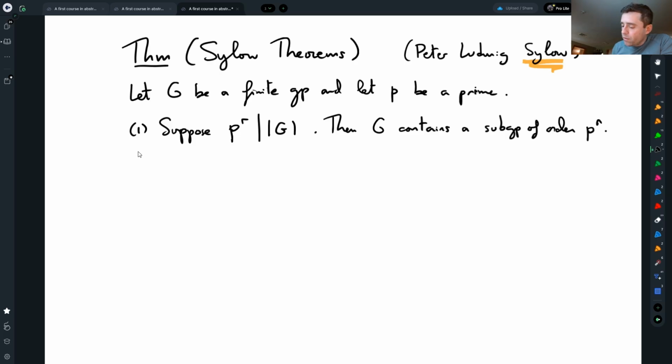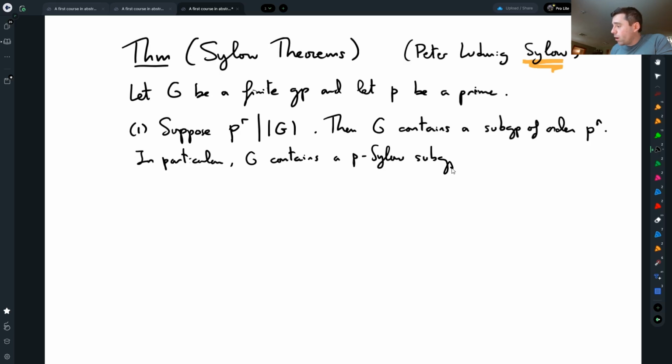In particular, G contains a P-Sylow subgroup for all primes P that divide the order of the group. In fact, it contains a P-Sylow subgroup for any prime, except that for those primes that do not divide the order of the group, the P-Sylow subgroup is just the identity element, the trivial subgroup.